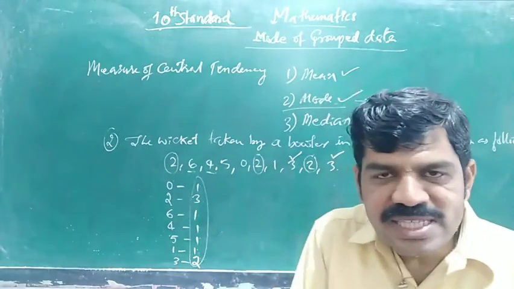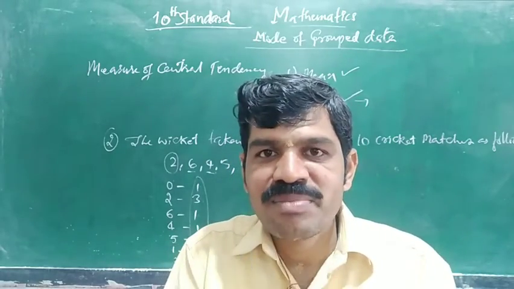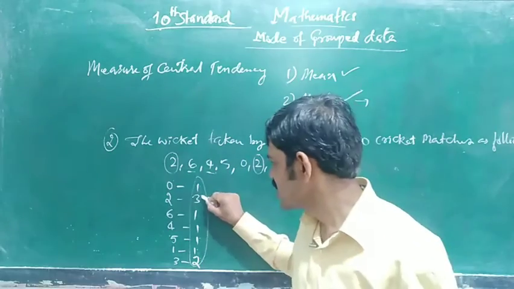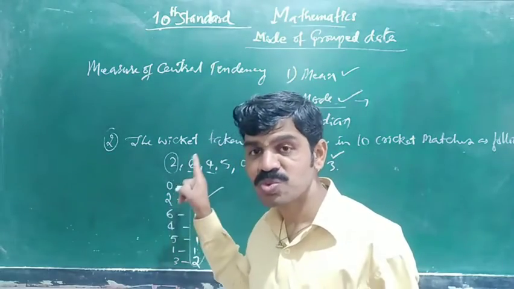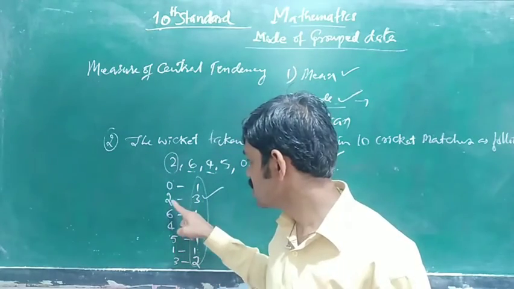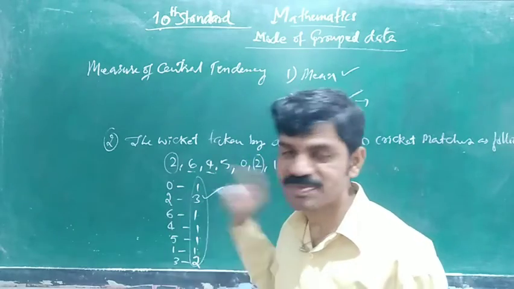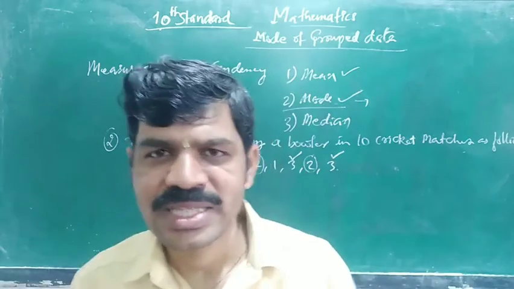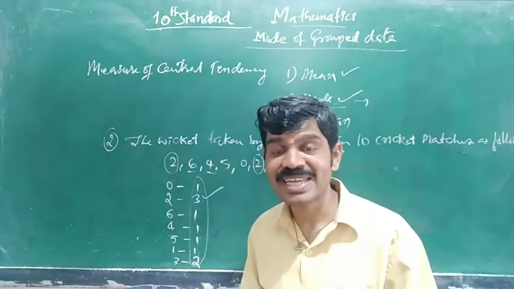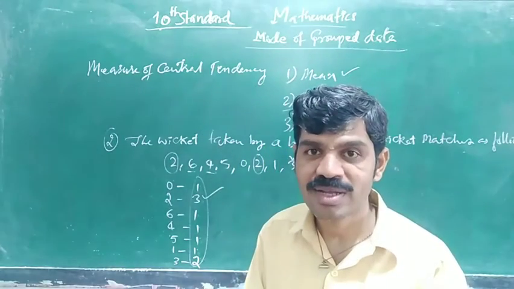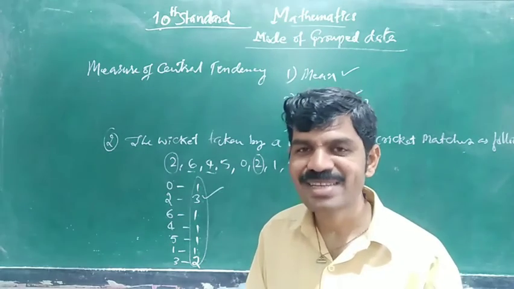In how many matches has he taken the maximum wickets? In 3 matches he has taken 2 wickets. The same number of wickets taken in the maximum number of matches, that is the mode.